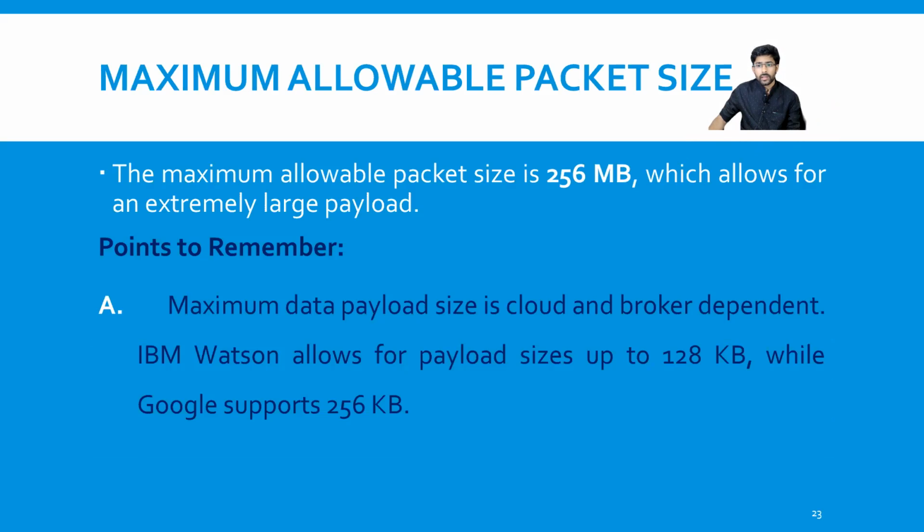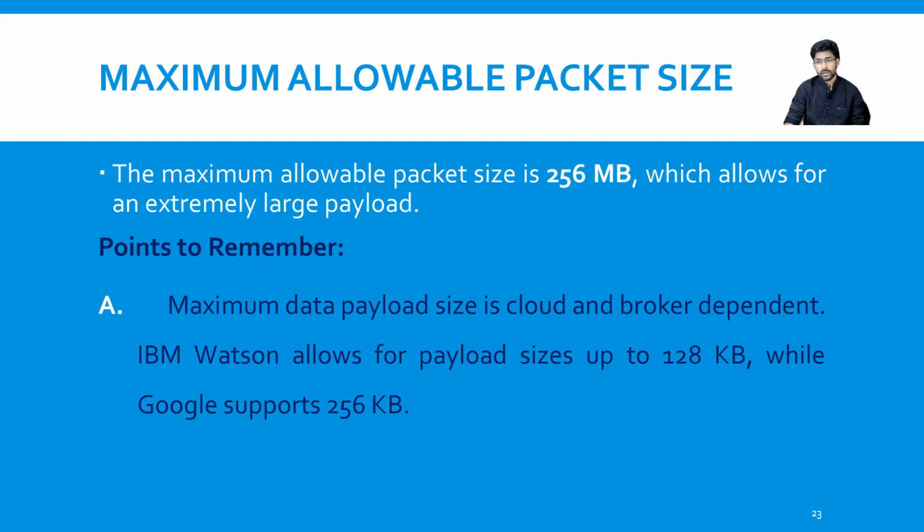Then there is a question that people generally ask, what is the maximum allowable packet size, right? So maximum allowable packet size is 256 MB, which allows for an extremely large payload, but again it is dependent on the implementation, right? Cloud and broker dependent. Generally, if I talk about IBM Watson, the latest update that I checked, it was 128 KB, it may increase.